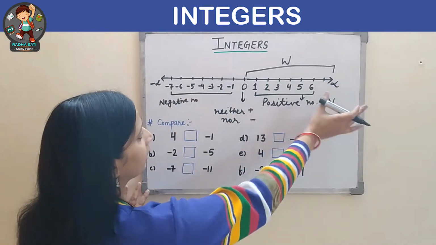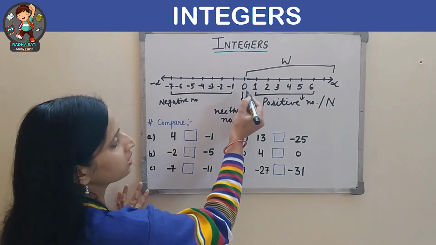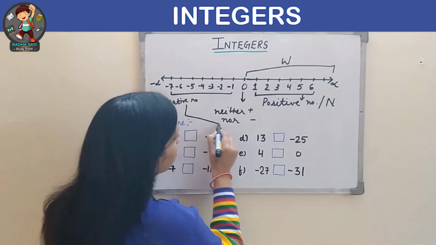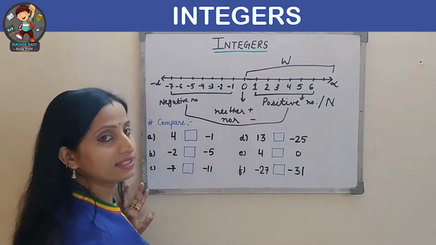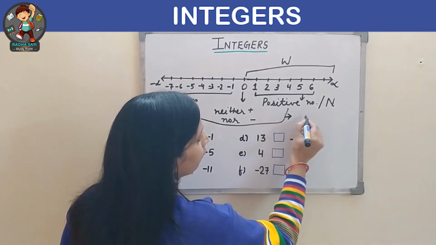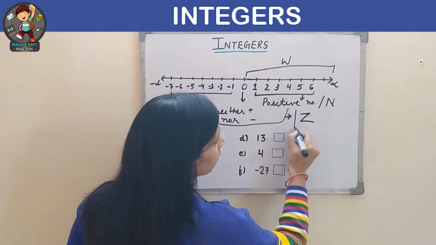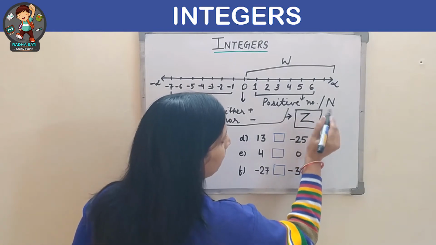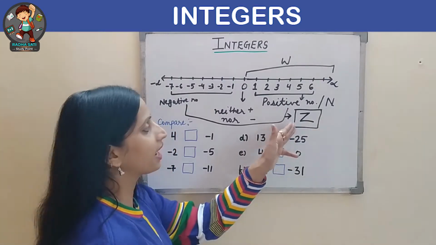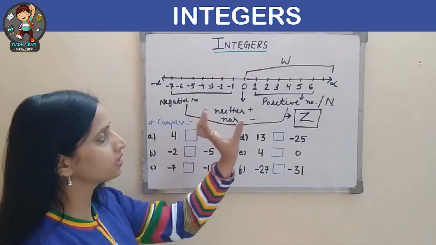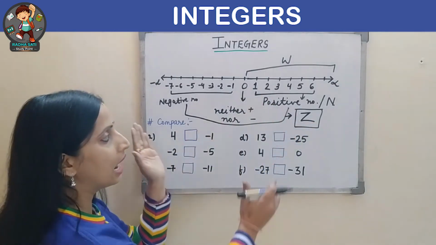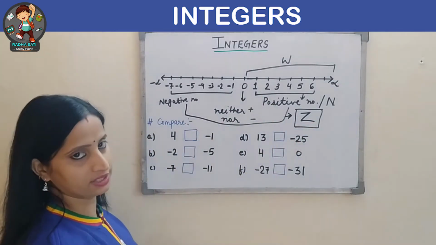So these negative numbers, 0 and positive numbers together are known as integers, or we will use the symbol Z for this. For integers we use capital Z. This means integers are the collection of negative numbers, 0 and positive numbers together.